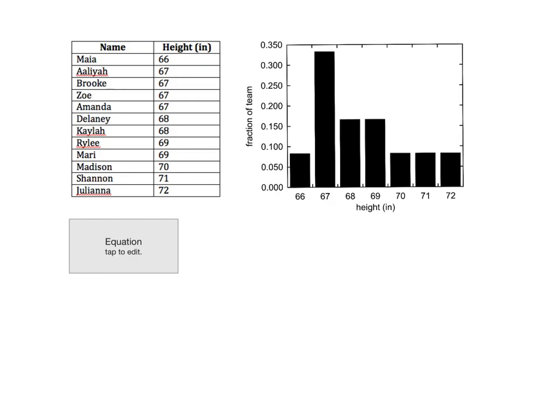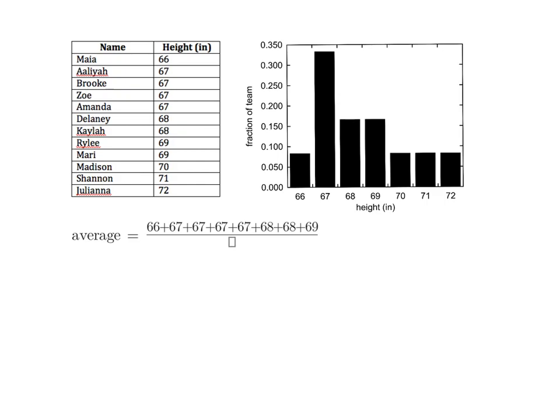So the average of the heights would be equal to, let's see, we've got 66 plus 67 plus 67 plus 67 plus 67 plus 68 plus 68 plus 69 plus 69 plus 70 plus 71 plus 72 divided by 12, because that's the number of heights that we are averaging.